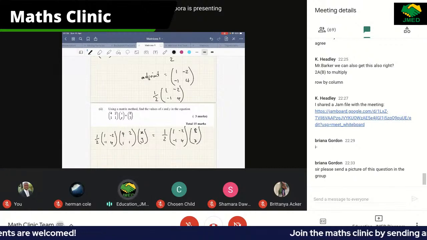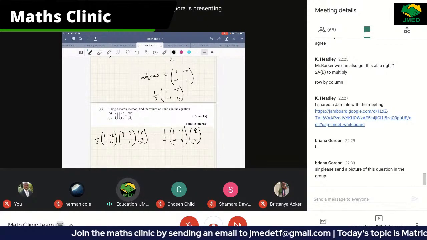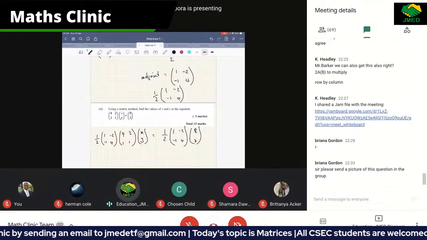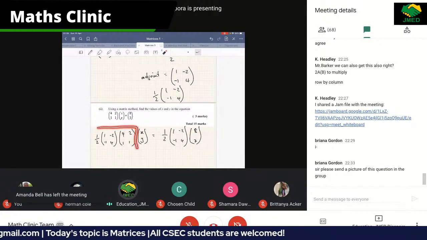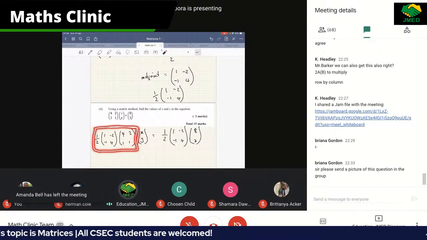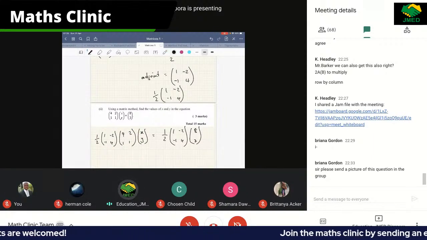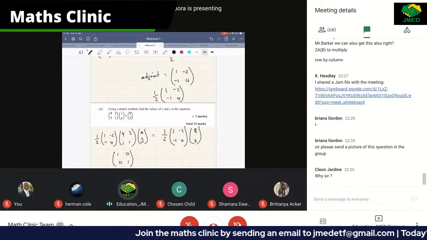So what I've done is that I pre-multiply both sides of the equation by the inverse. I am not going to work this portion out for you, but I'm going to tell you that this works out to be the identity matrix, which is [1, 0; 0, 1].